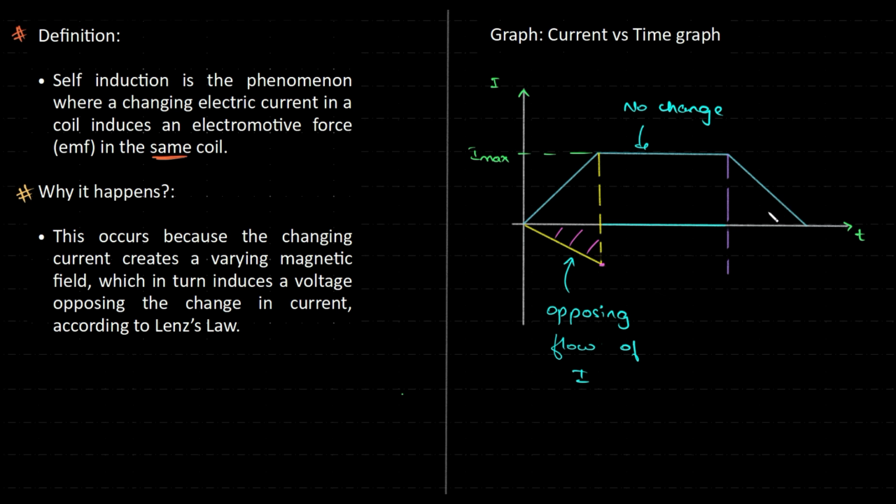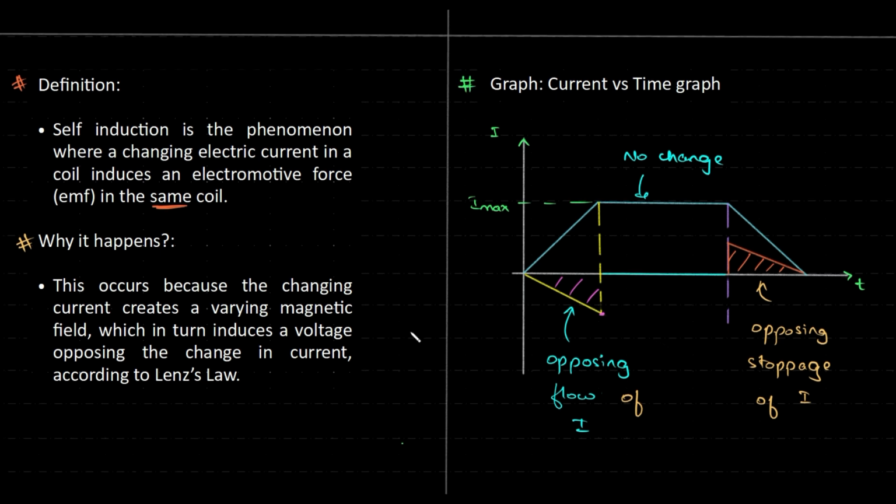It will try to contribute from its end, and there is some current that will be contributed in this way. So this is opposing stoppage of current. All in all, this is what we're looking at. Either it will try to decrease or increase. Okay, so when there is no change, there is no induced anything.